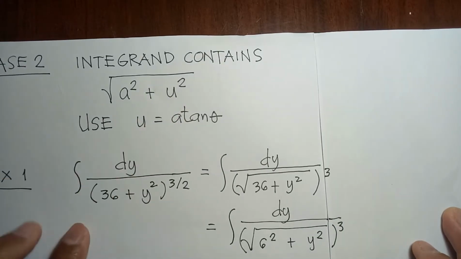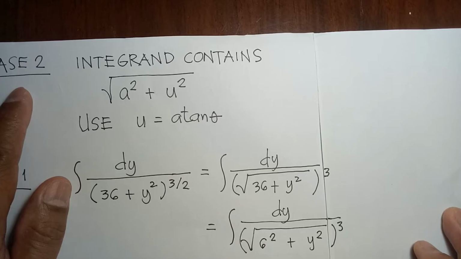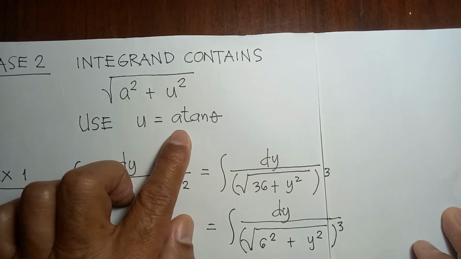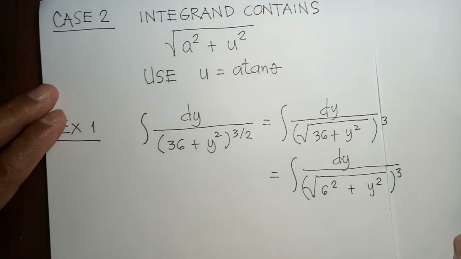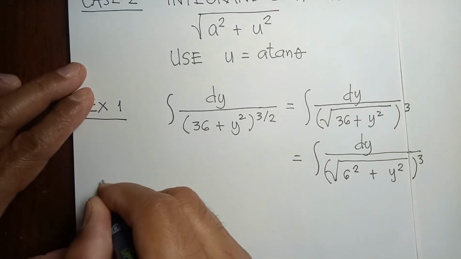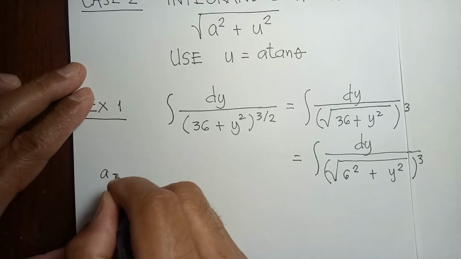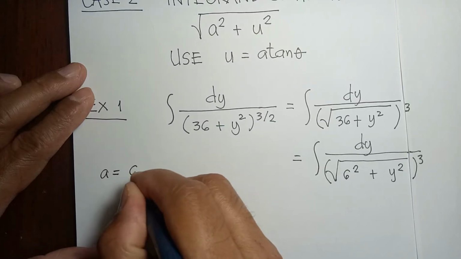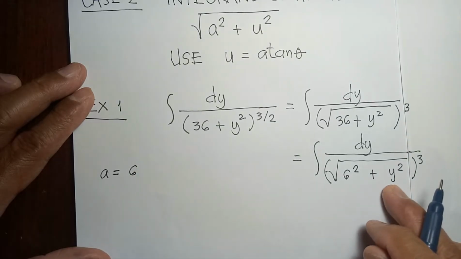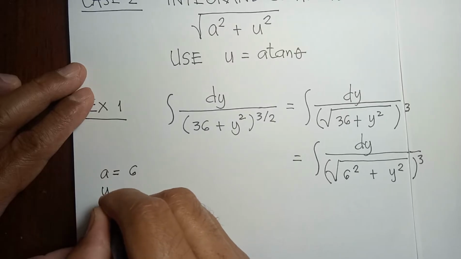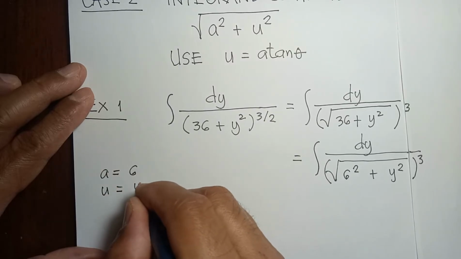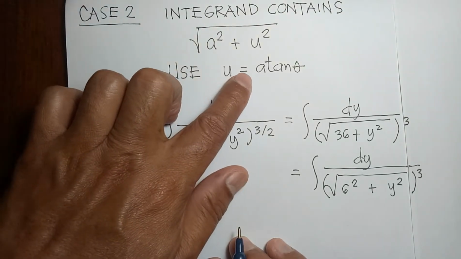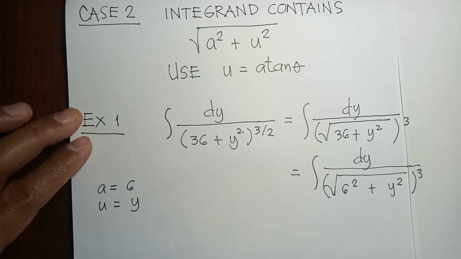Kaya siya case number 2. So, ang ating substitution na gagamitin ay u equals a tangent of theta. Ngayon, ano ba yung a natin? So, yung a natin equals 6. At ang u natin ay yung y. So, u equals y.